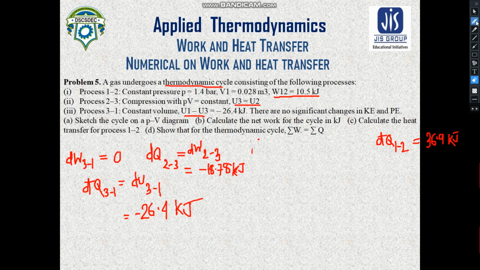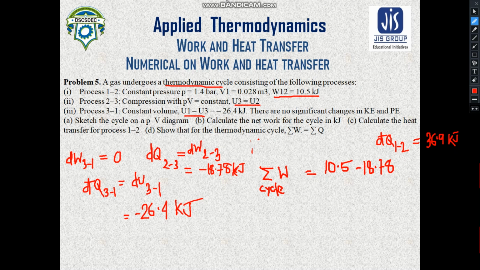Okay, so sum up the work done. For process 1 to 2, it will be plus 10.5. For process 2 to 3, it will be minus 18.78.